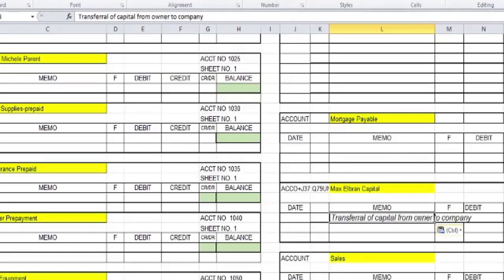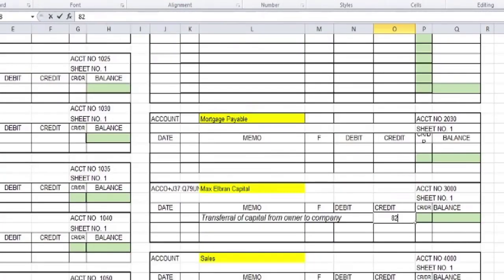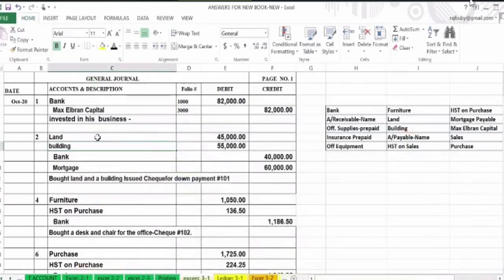After you record, we can go to the second one. Second one, there are 4 ledgers: land, building, bank, and mortgage. Go to land.